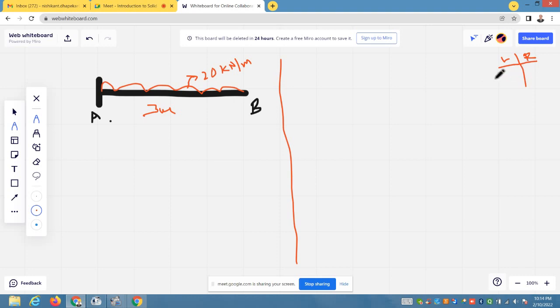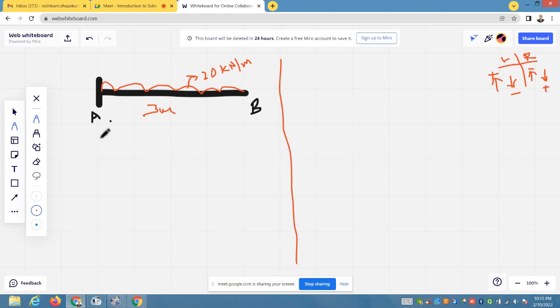To the left of the section, we are considering upward force as positive and downward force as negative. To the right of the section, vice versa, upward force negative, downward force positive.